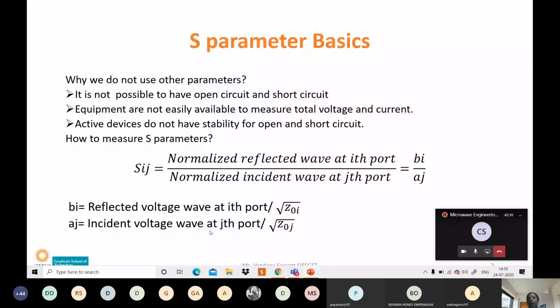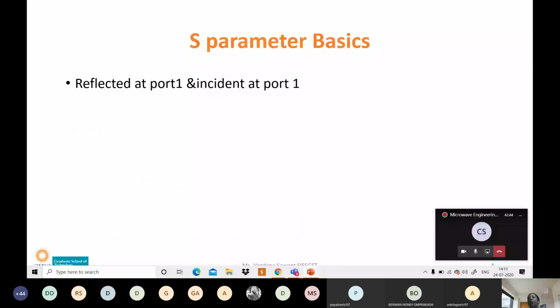Now we will write the S parameters for a two-port network, and the formulas for B and A for a two-port network, so you will have a better understanding. Now we can do a small exercise.